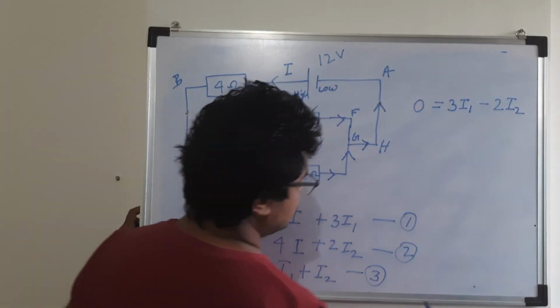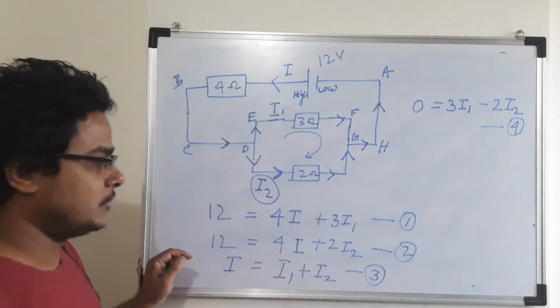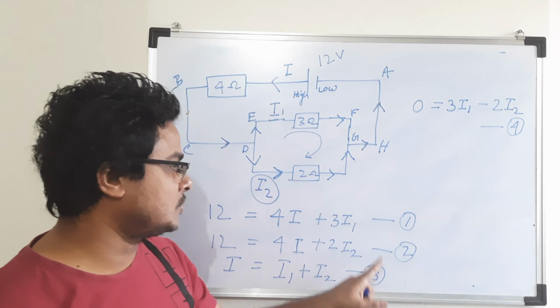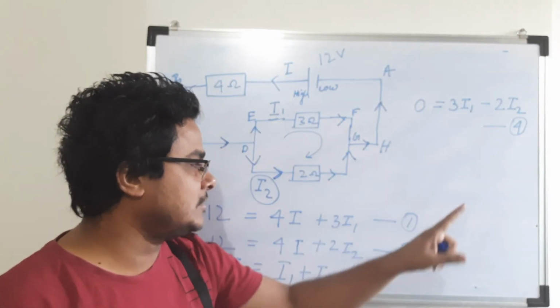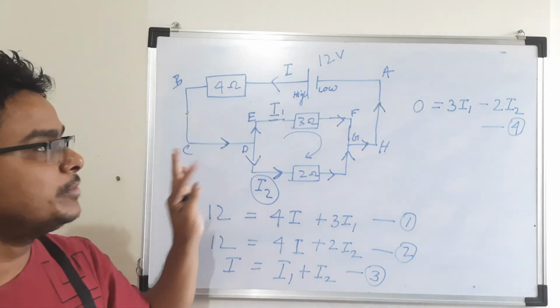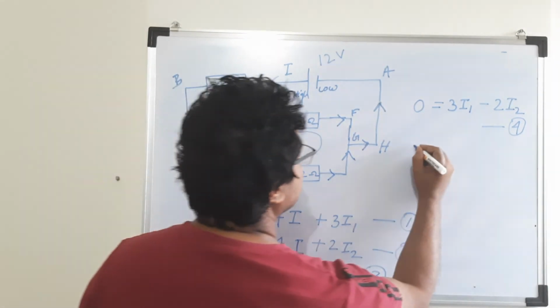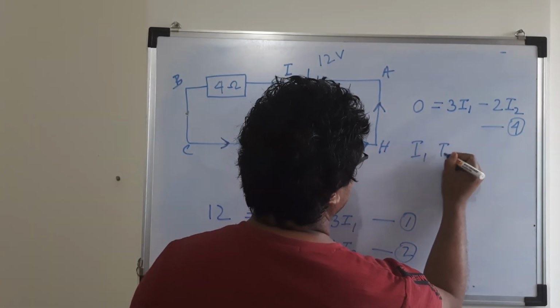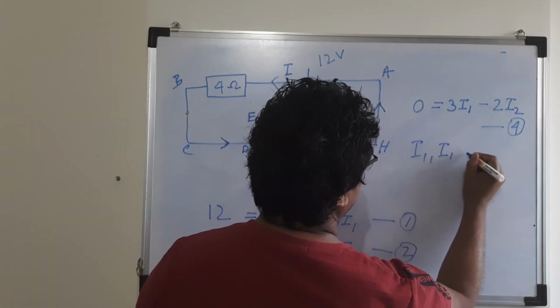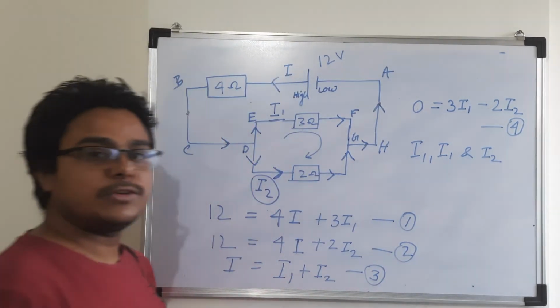So instead of any 3 combination, you take these 1, 2, 3 equations, or you take 1, 2 and this as the third equation, any three. Any loop you can take and then solve for I1 and I2. So this way you can find out the unknown.